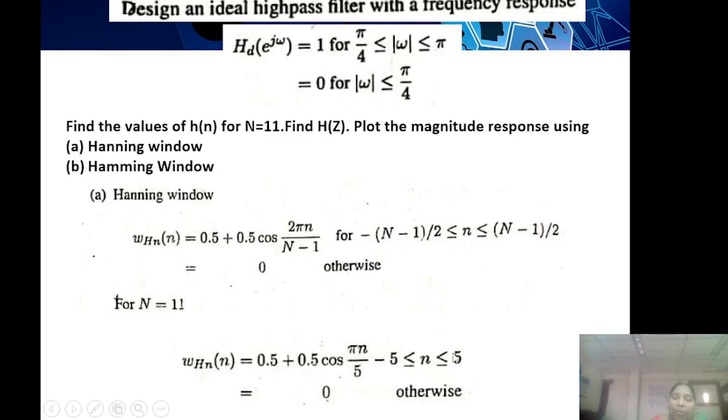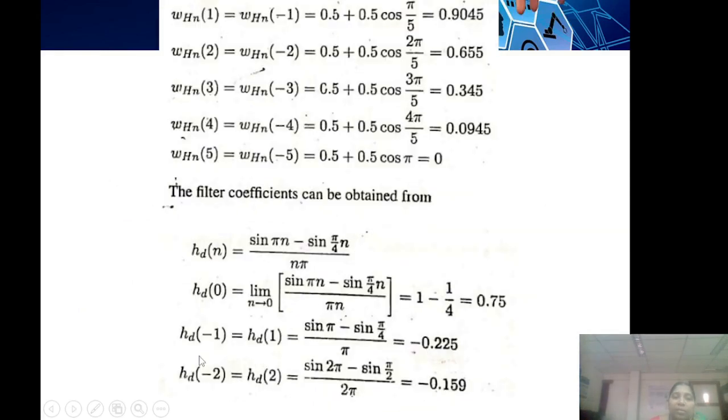Now, varying the n value from −5 to 5, we need to find w_HN(n). We have varied n from 0 to 5, and according to the symmetry, w_HN(1) is equivalent to w_HN(−1), and similarly for the other values, till w_HN(5) equals w_HN(−5).